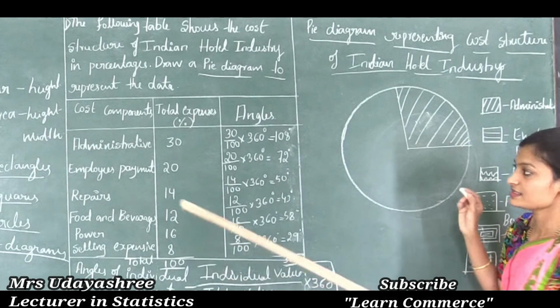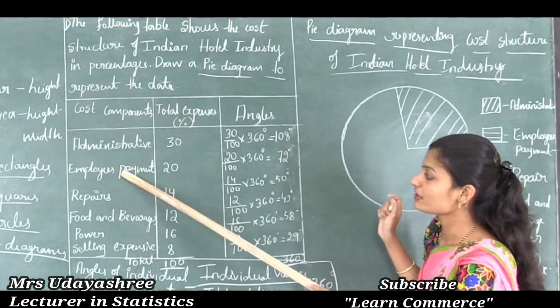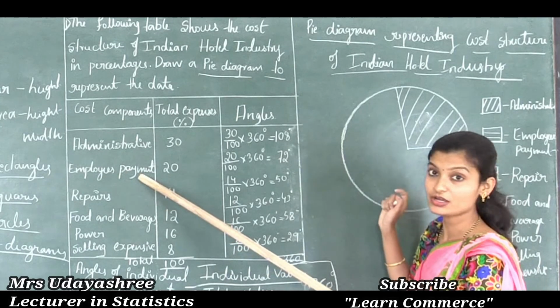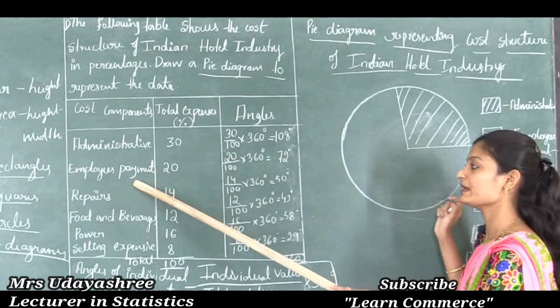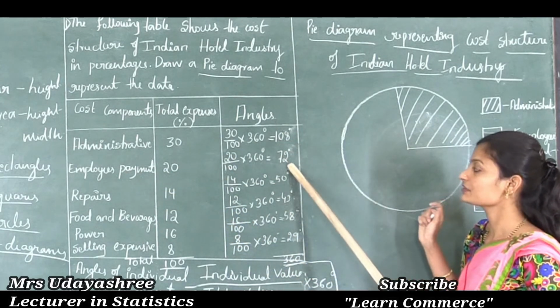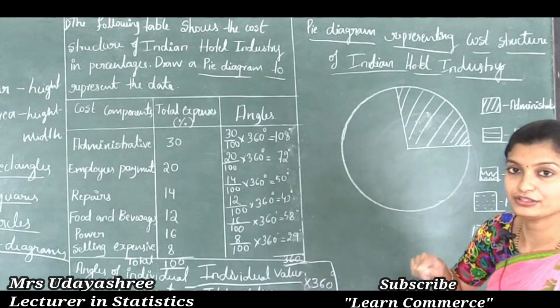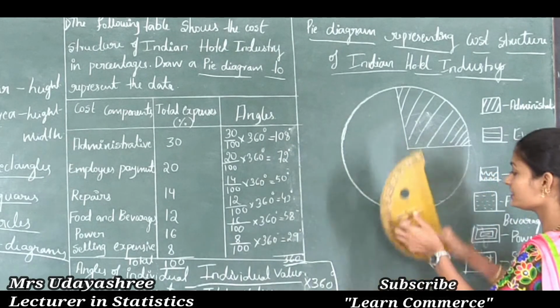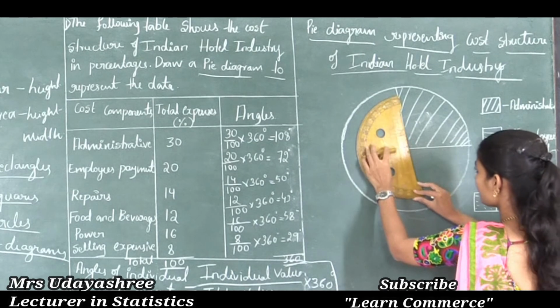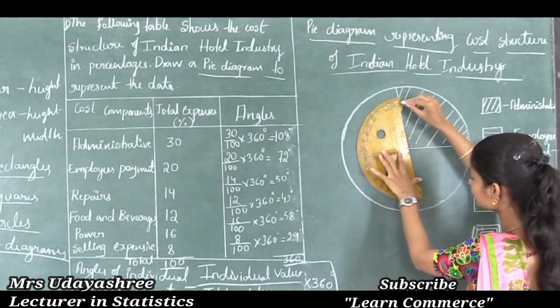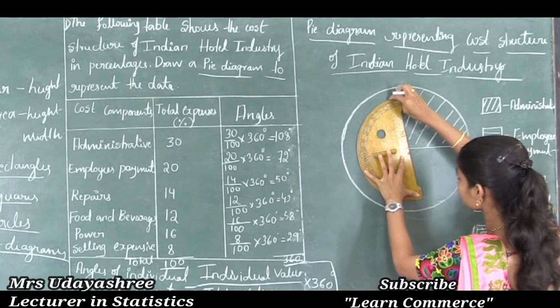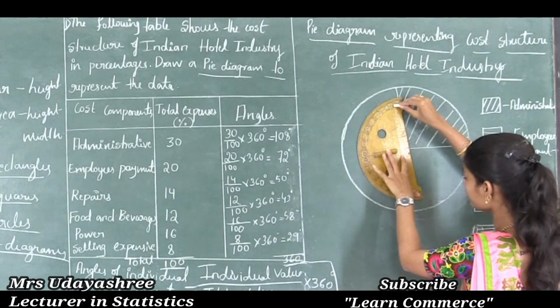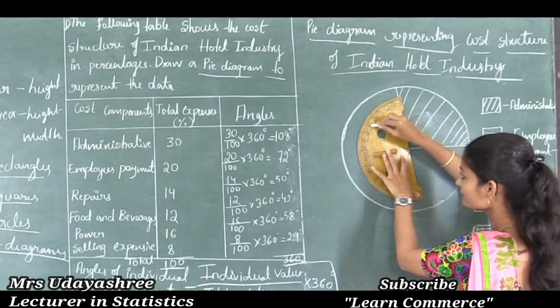Okay, next, the second component is employee payment. So the employee payment angle is 72 degrees. So here I will keep this protractor like this. And see, here it is 0, 10, 20, 30, 40, 50, 60.